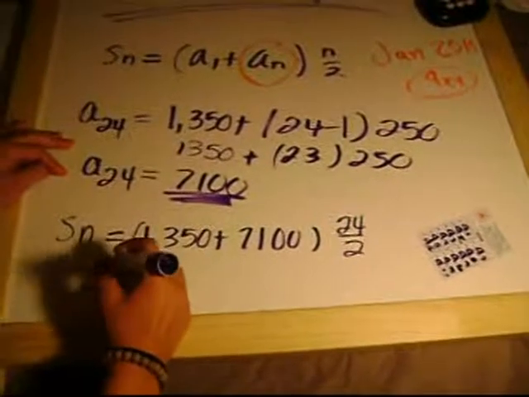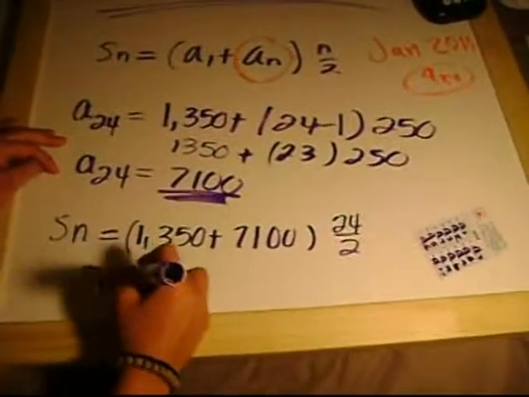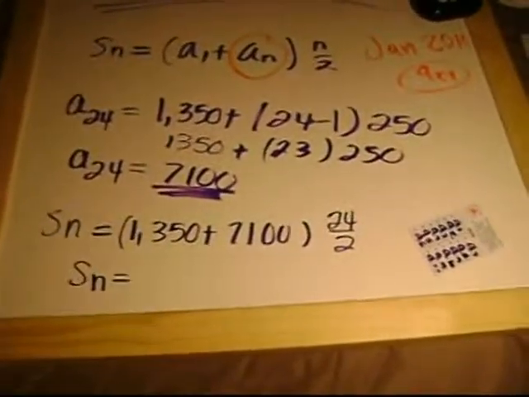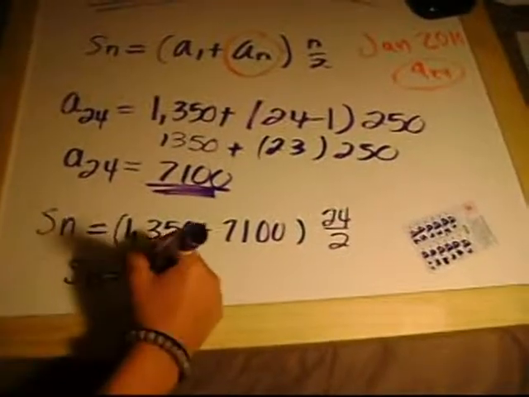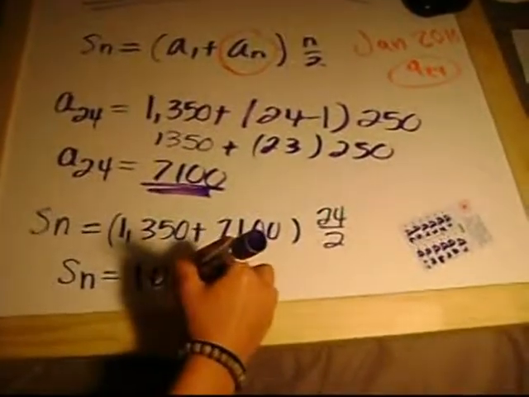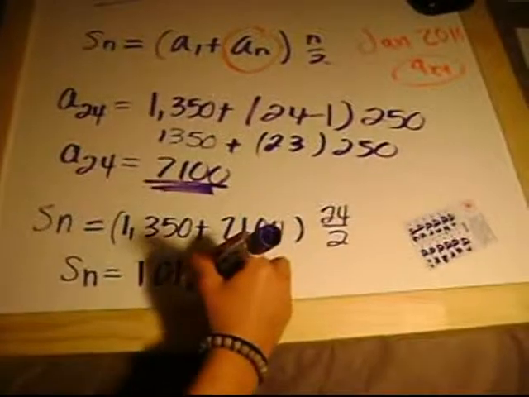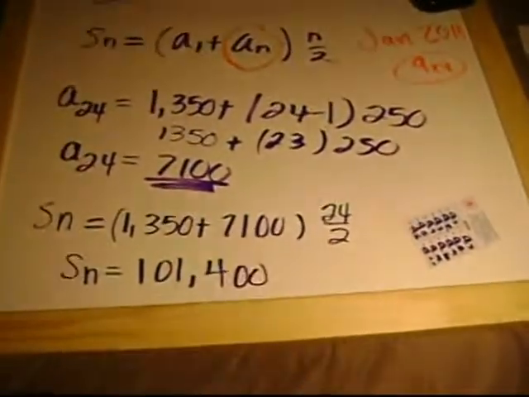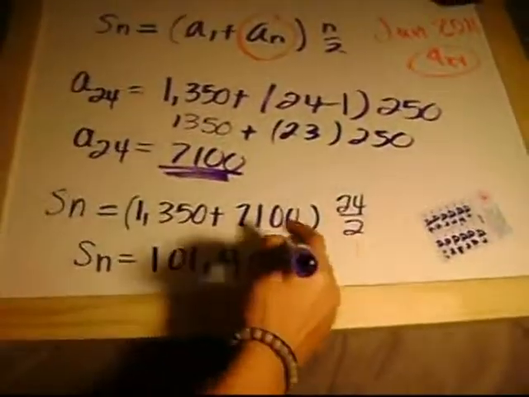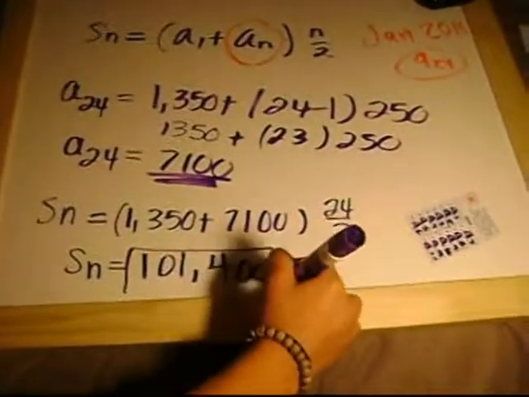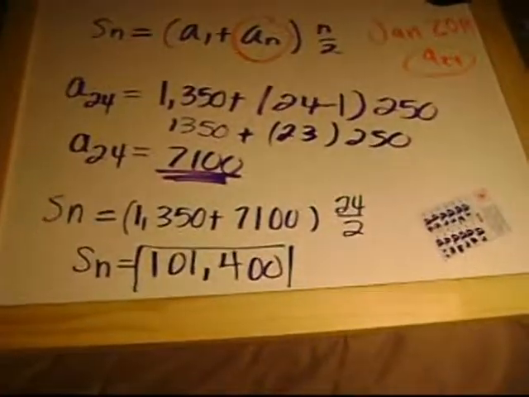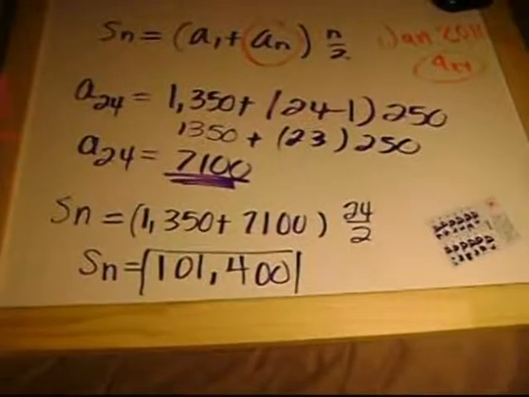And our partial sum is 101,400, and this is the number of cars sold in the years 2009 and 2010.